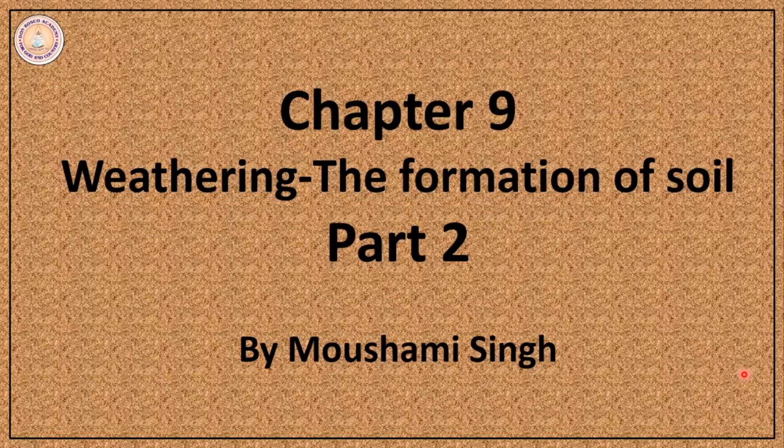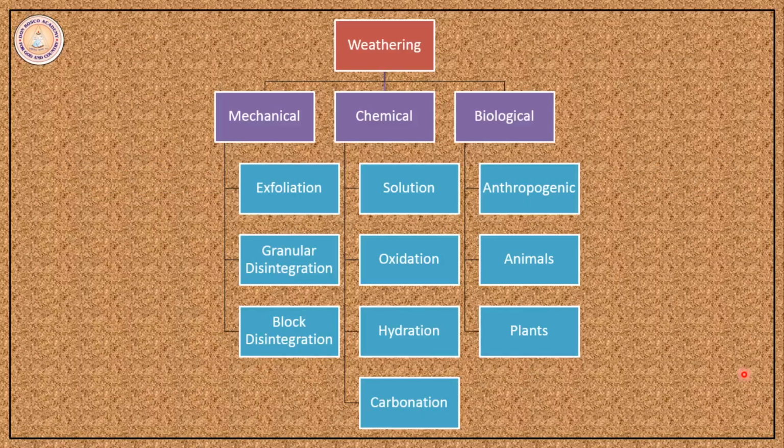Now, weathering is basically of three types: mechanical, chemical, biological. So these are the three ways in which weathering takes place.